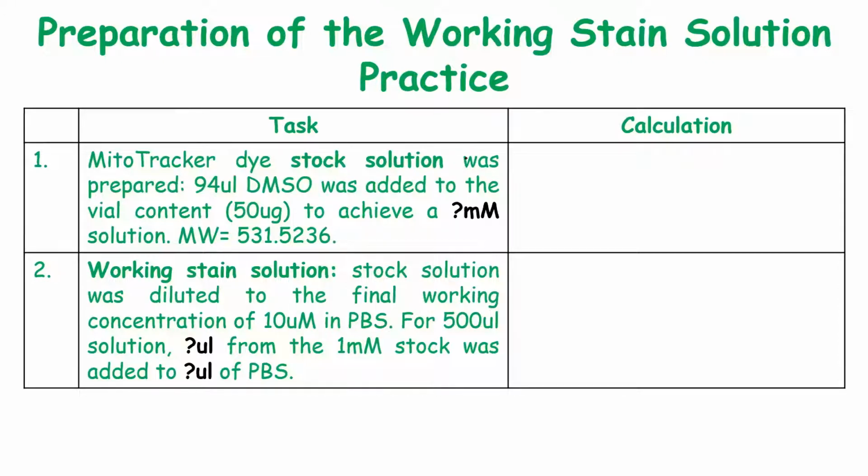Okay, so the MitoTracker dye stock solution was prepared: 94 microliters of DMSO was added to the vial content, 50 micrograms, to achieve how much solution. And the molecular weight is written here. So how do you start?